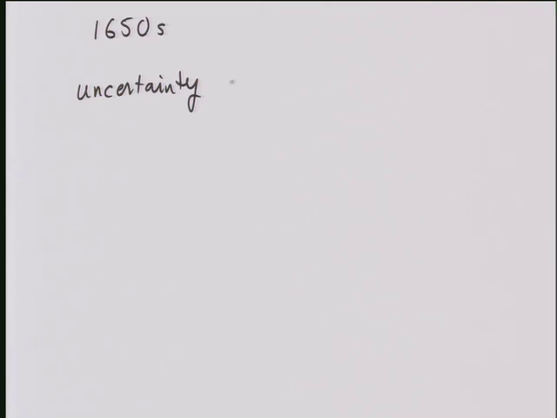The major discovery in probability was that under very general circumstances, when the number of particles, the number of coins, the number of dice become very large, then this uncertainty leads to certainty.